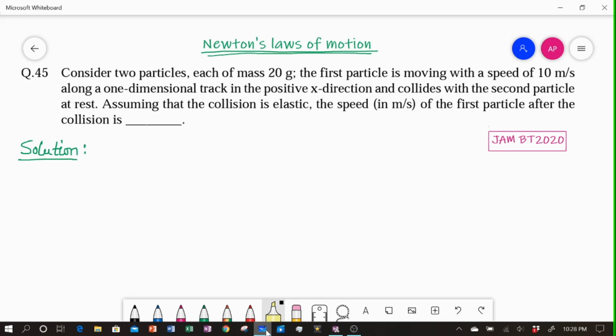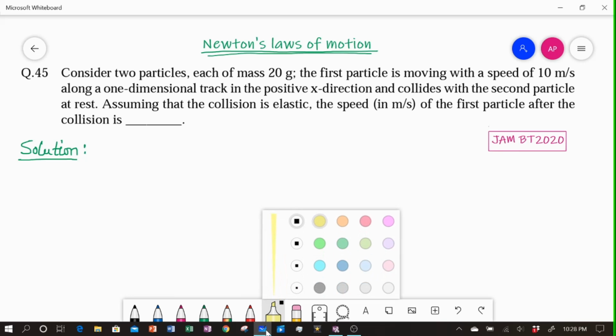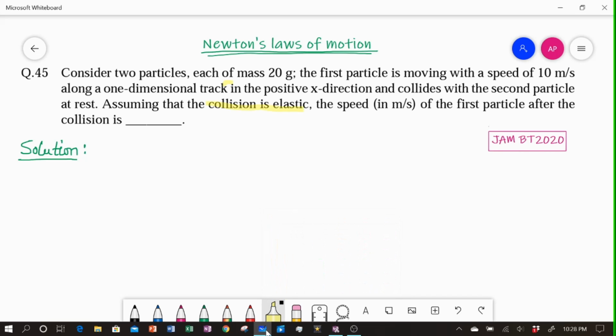Okay, so here the most important thing is that the collision is elastic. Okay, so we are informed that the collision is elastic.